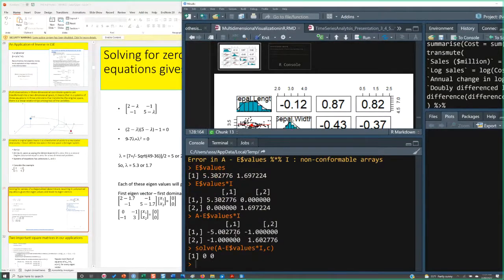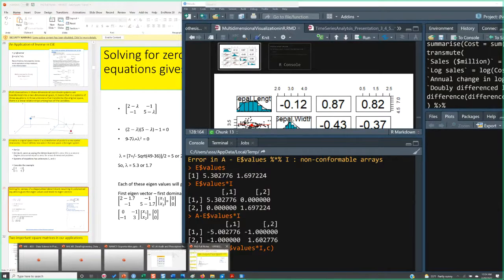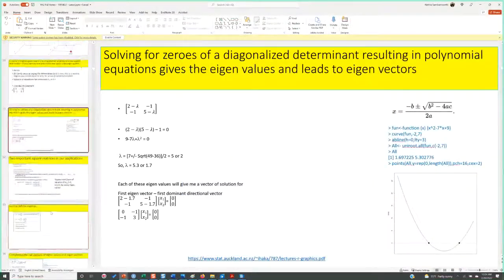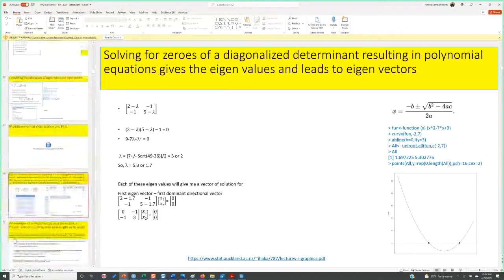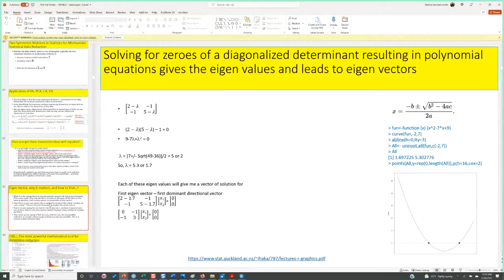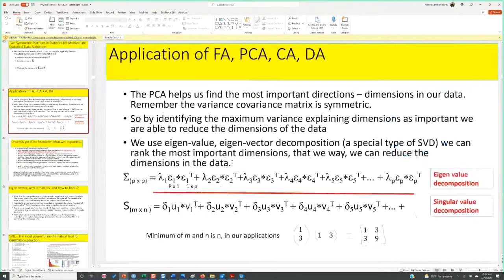Now, where am I going with this? The very important part I want to tell you is the following. Let me go to this very foundational principle. What we are saying is that for sigma, a P by P matrix, I have P eigenvalues and the corresponding eigenvectors.